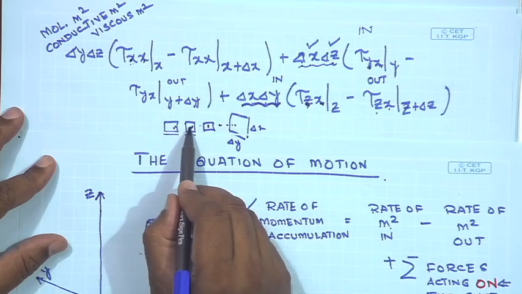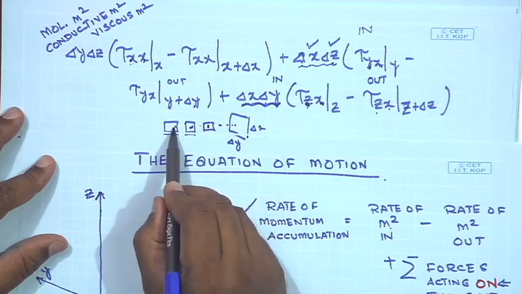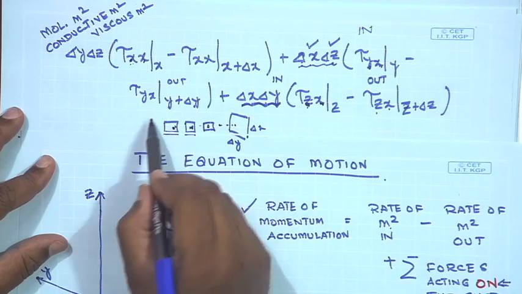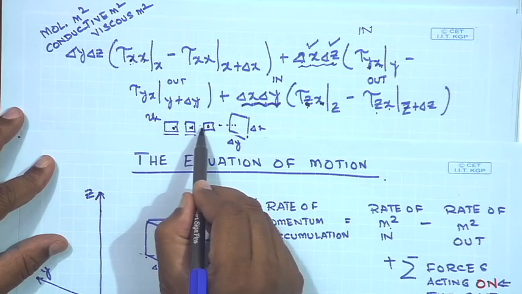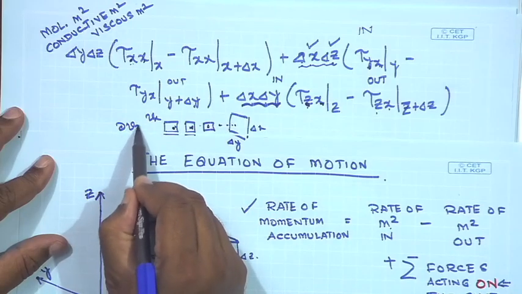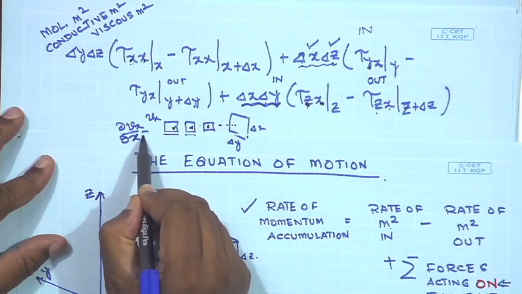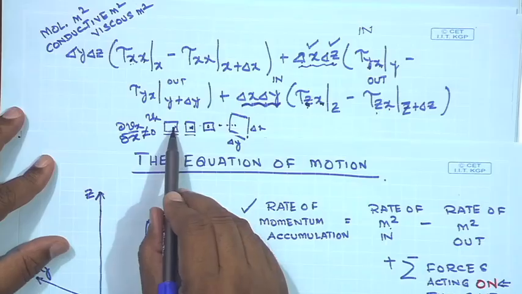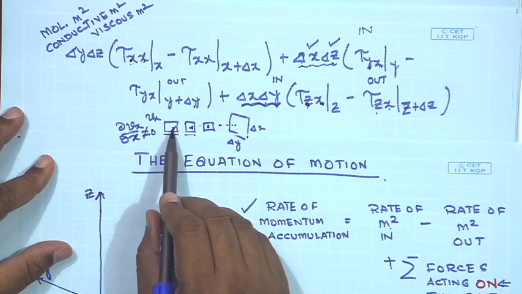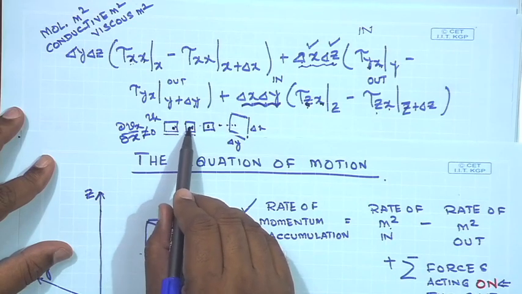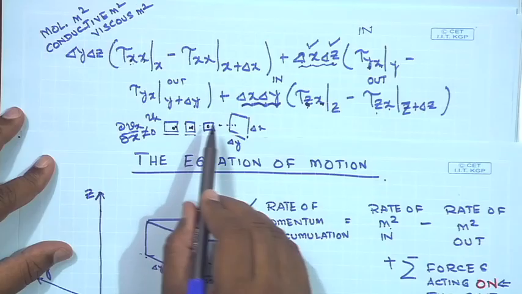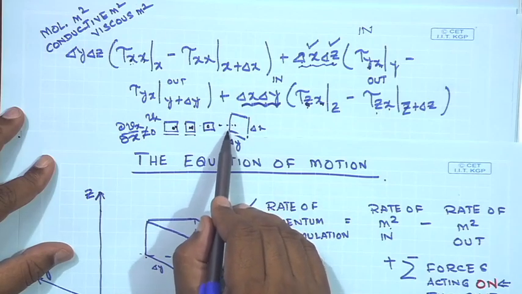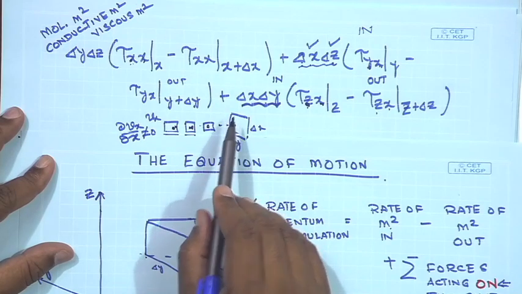Since there is a variation in Vx in the x direction, that means del Vx by del x is not 0, then by Newton's law, or by our understanding of viscosity, there must be a stress between these 3 packets of fluid, which will also be transmitted on this face.